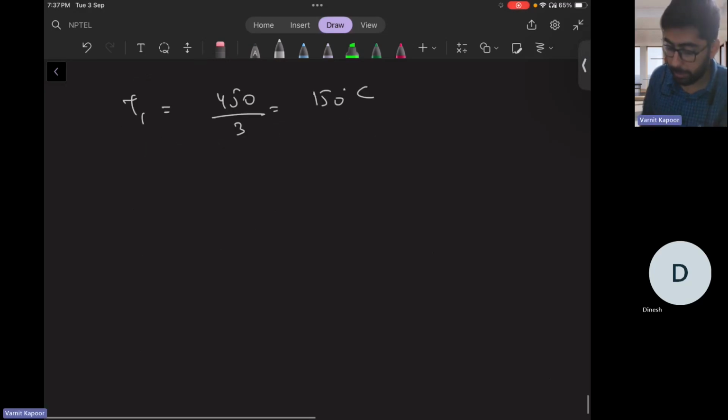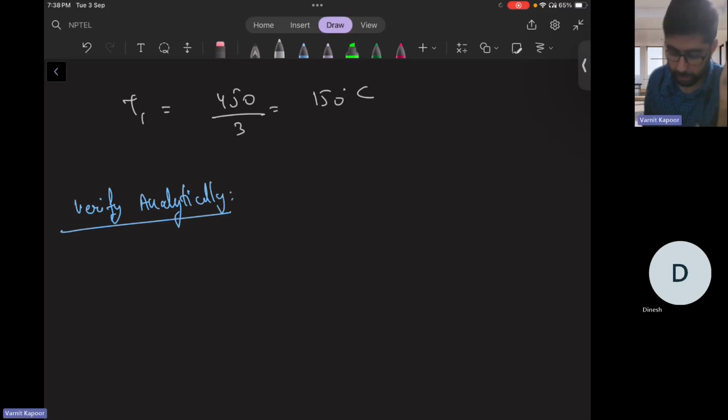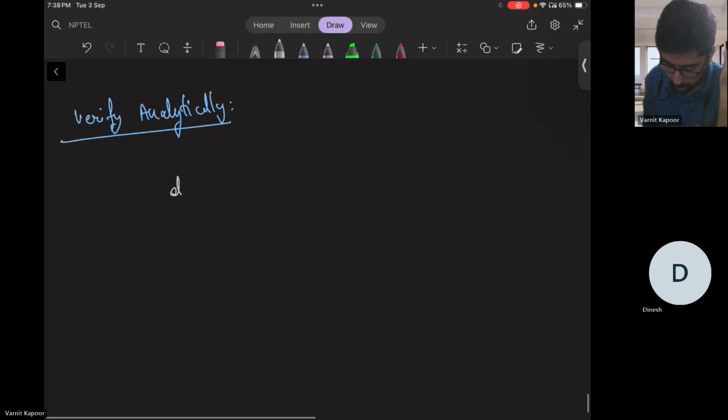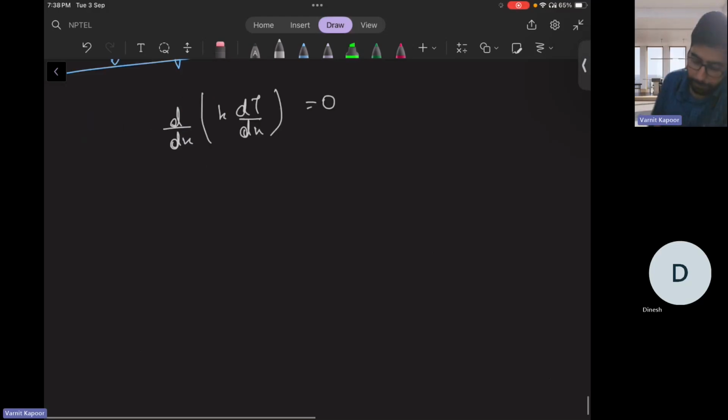Now let's verify the equation analytically. So the equation is the 1D diffusion equation: d by dx of k dT by dx, no source, is equal to 0. Integrate it one time.